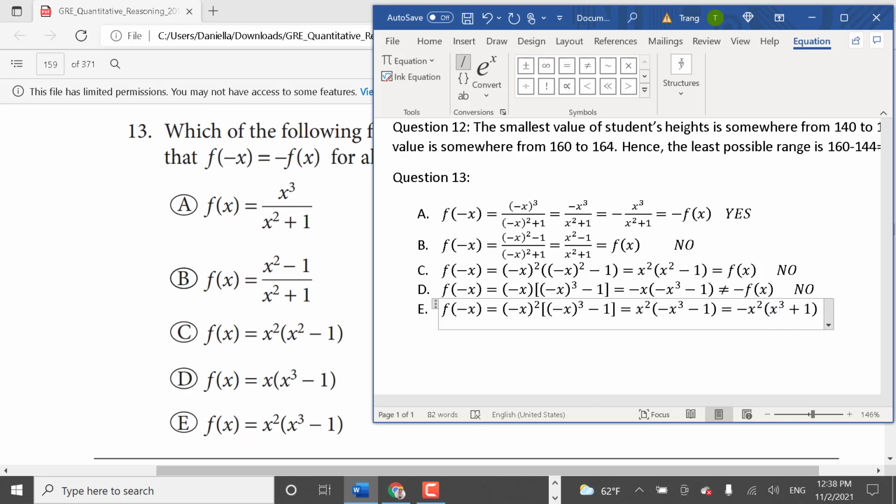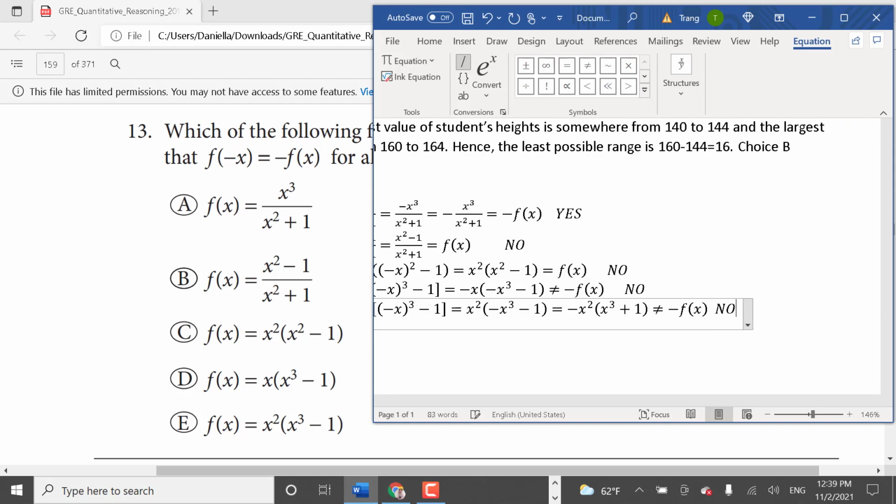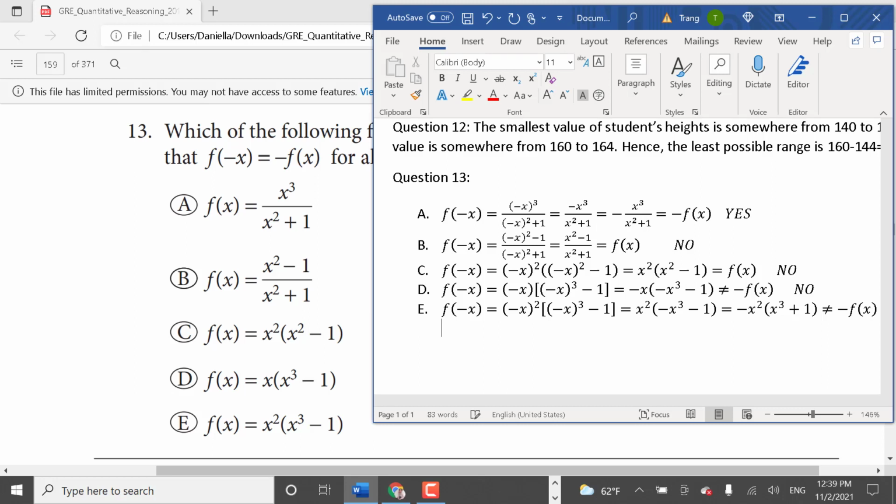And this is not equal to minus f of x. So this is also a no. From checking the five functions, we see that we have to go for choice A, because A is the only function above that satisfies the condition f of minus x is the same as minus f of x. Alright, so that's question number 13.